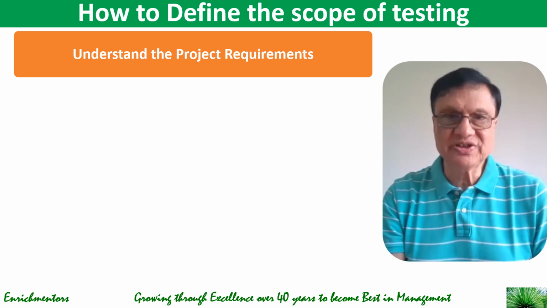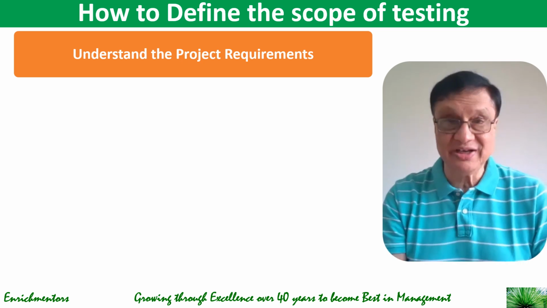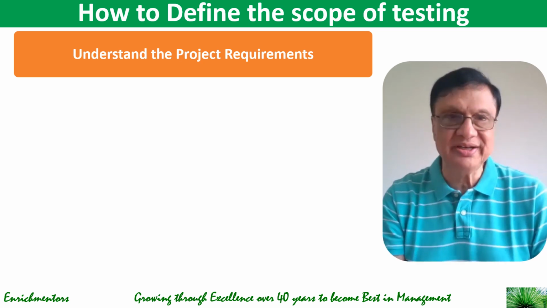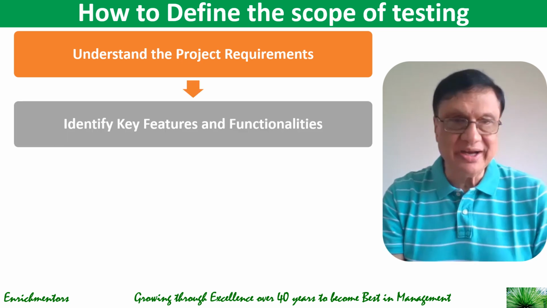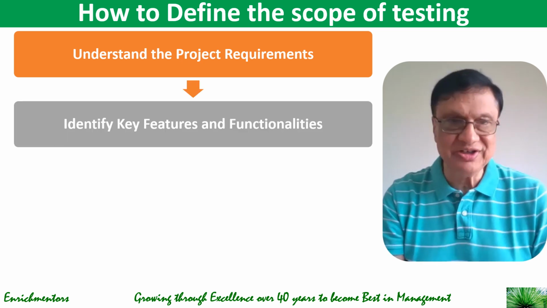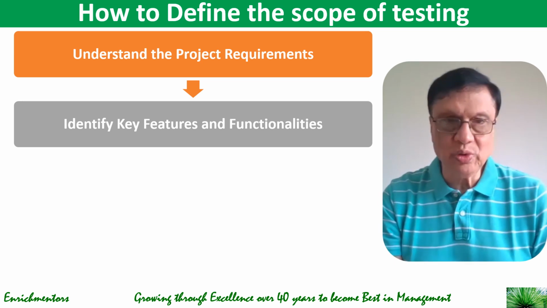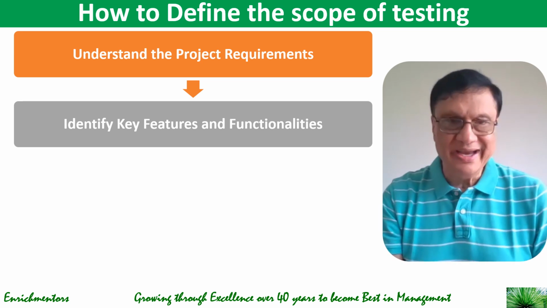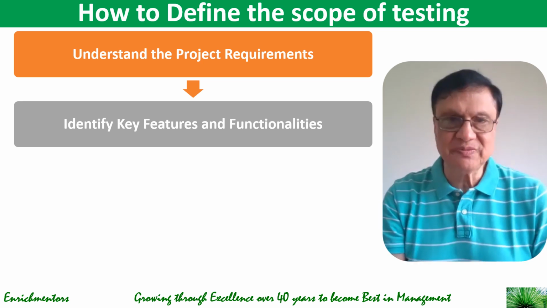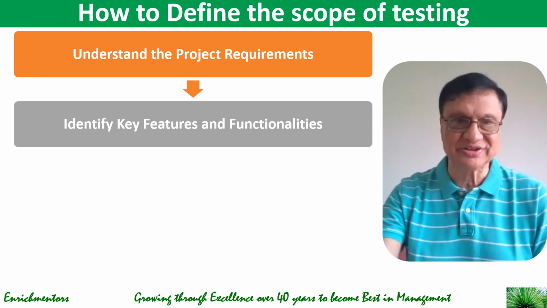You discuss with stakeholders to understand their expectations and the critical areas of the application. The second thing is to identify the key features and functionalities. Make a list of the core features and functionality that are essential for the application to meet its objectives, and prioritize them based on their importance and risk.